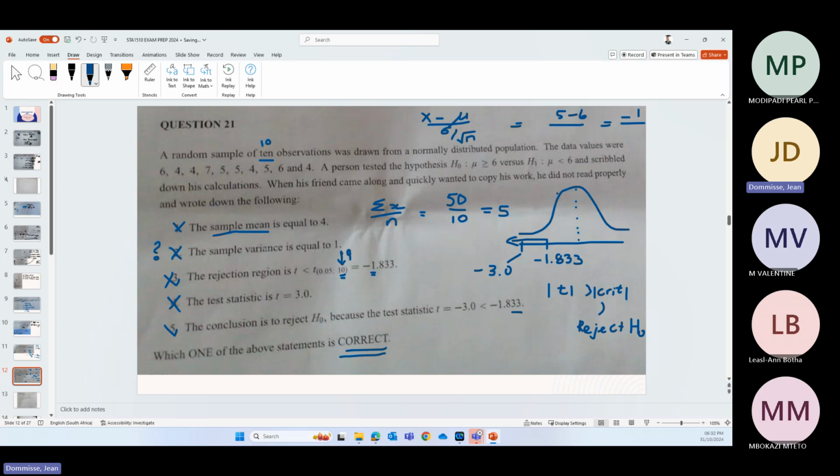So once again, we did not need to work out your variance. What we had here was already the correct one. So that again is quite interesting.